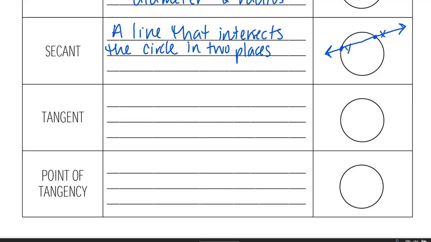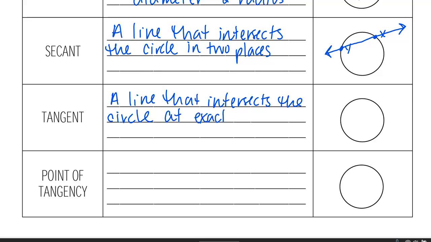Okay, then we have a tangent. This is a line that intersects our circle at exactly one place. If it intersects more than once, it's a secant. If it intersects only one time, then it is a tangent line.